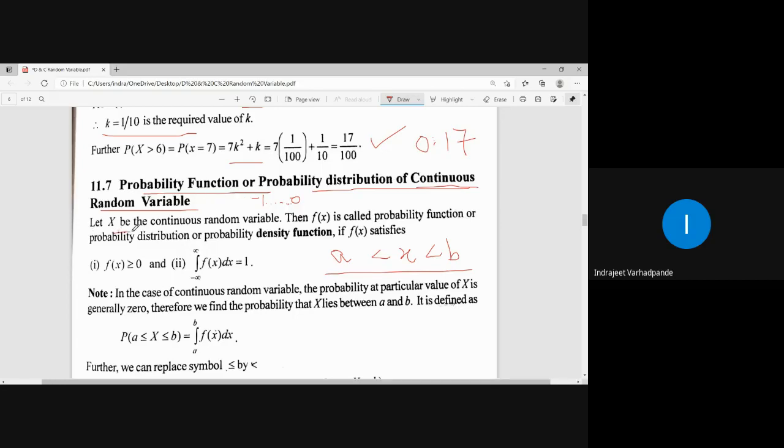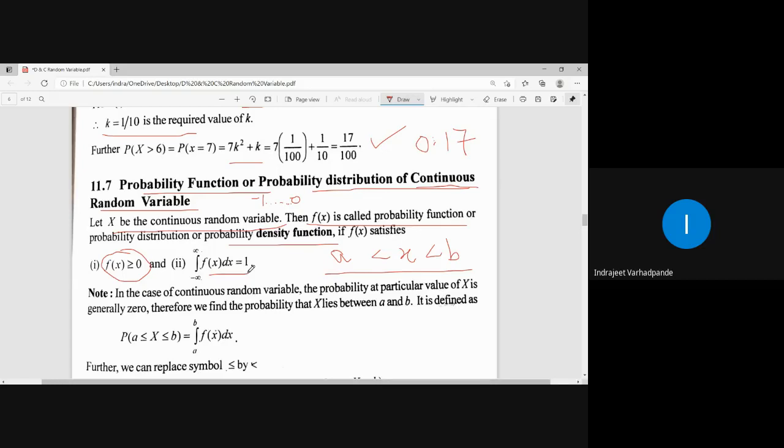Let capital X be the continuous random variable, then small f of x is called the probability function or probability density function if f of x is greater than or equal to 0, and the condition is the integral from minus infinity to infinity of f of x dx equal to 1.